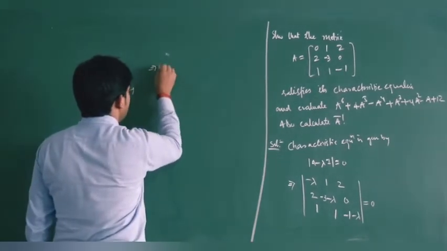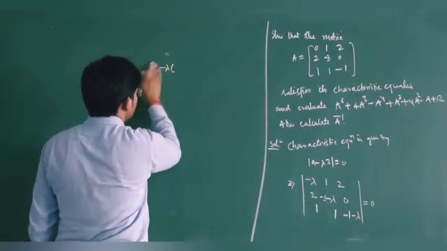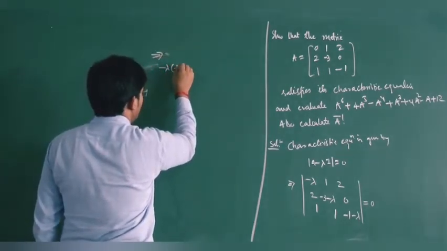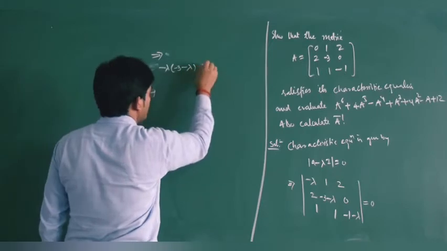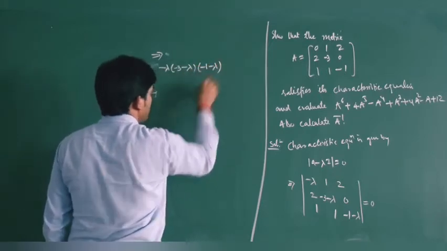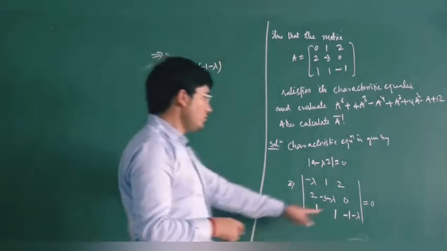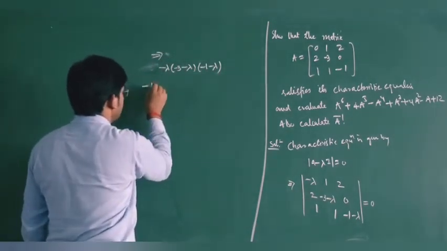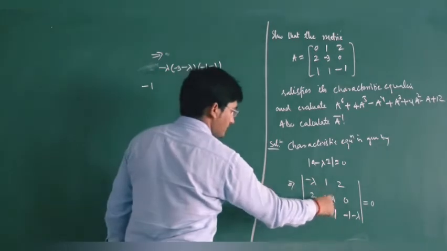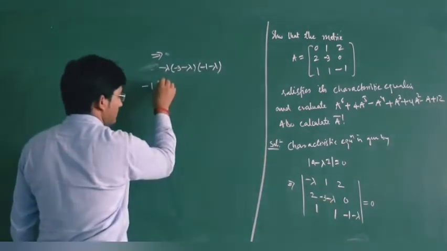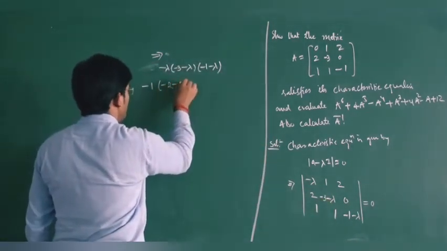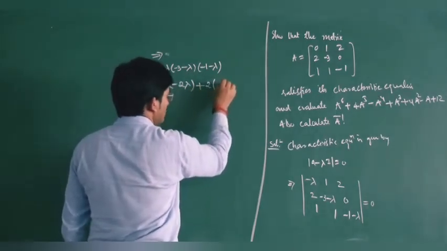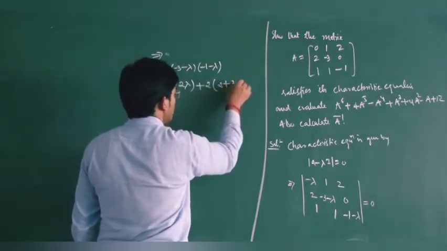So we have minus lambda into minus 3 lambda, then we will have minus 1 minus lambda. Now then this is your 0, then we have minus 1, then we have minus 2 lambda plus 2, then we have 2 plus 3 plus lambda equal to 0.